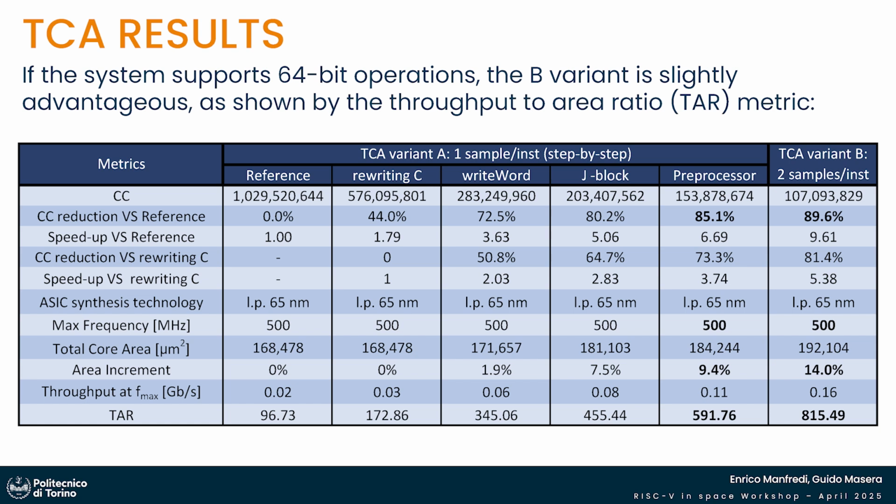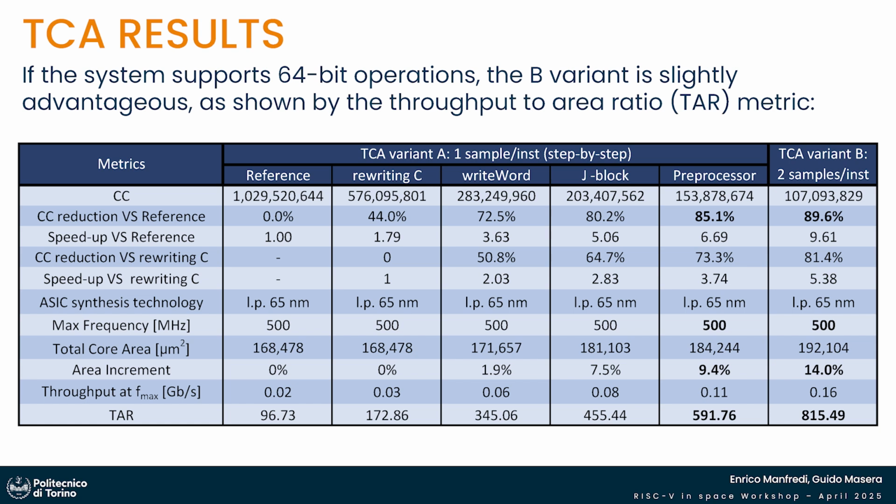And as we can see, the maximum frequency has not been modified by adding these accelerators, allowing the design to be synthesized at the maximum frequency, which is the same as the reference implementation. For what concerns area, these accelerators increased the area by 9.4% with respect to the total core area.